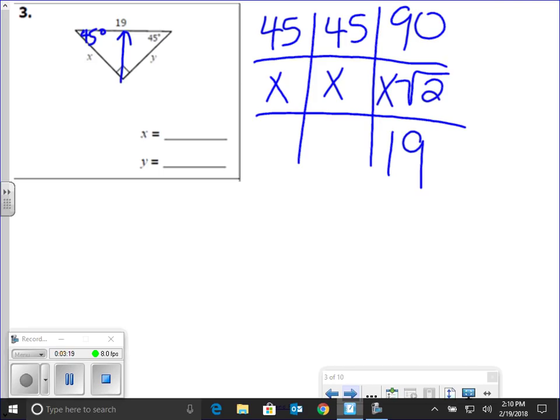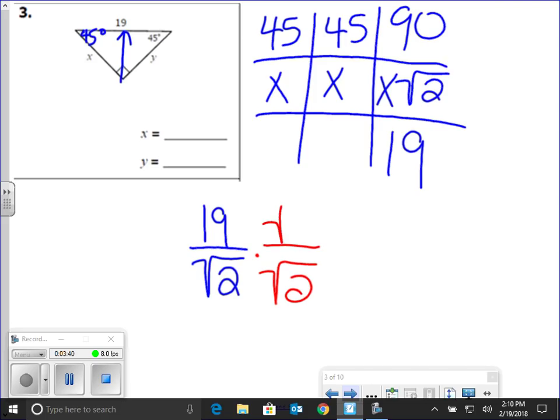If 19 is equal to x square root of 2, in order to find x, we need to divide by the square root of 2. So we're going to do 19 divided by the square root of 2. The reason we don't like it like that is because it has a radical in the denominator. So we multiply the top and the bottom by the square root of 2 to clear it out.